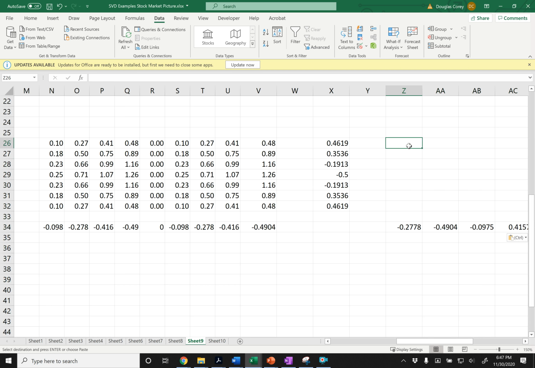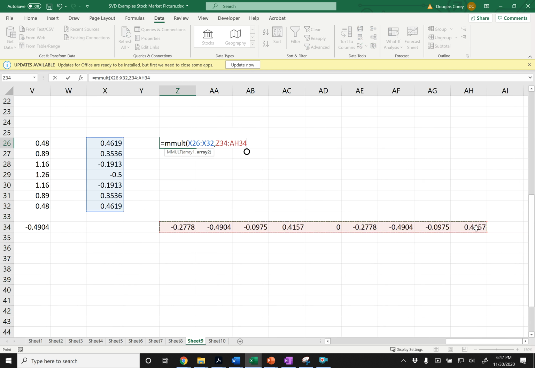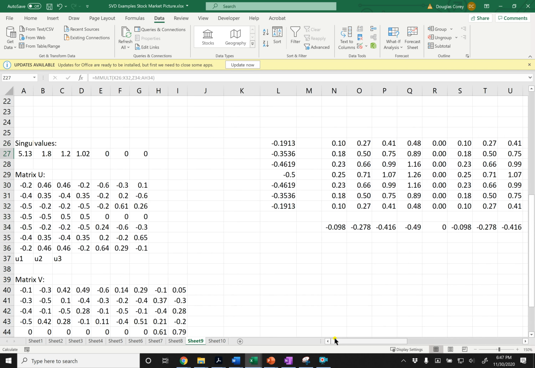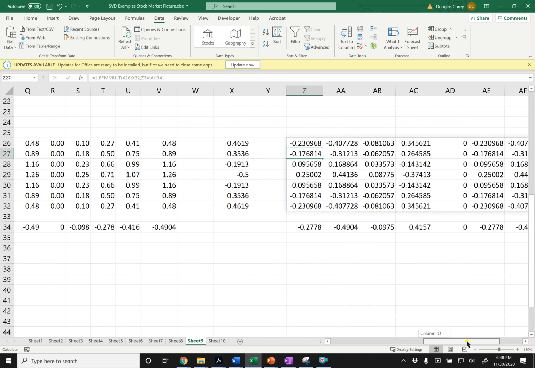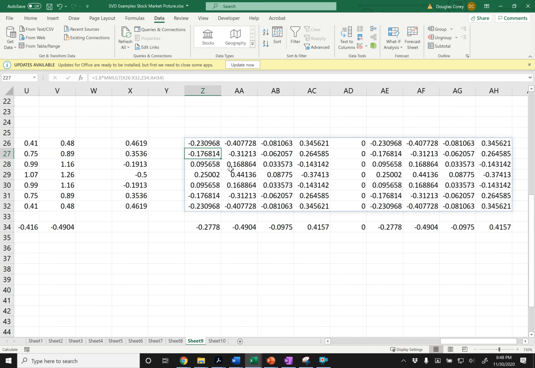Okay, take the outer product, that vector times this vector, and we need to scale it by the singular value, 1.8. So I just have to multiply that by 1.8. And there we go.